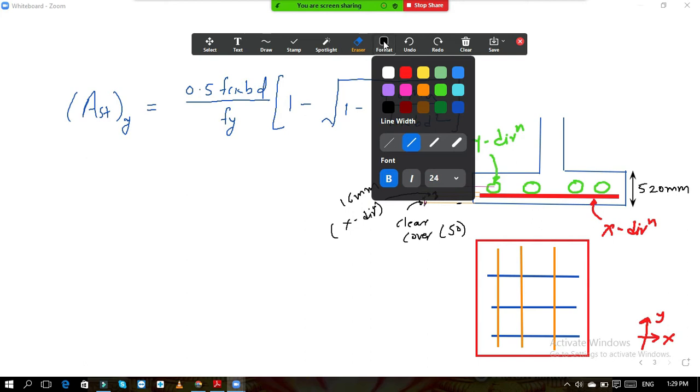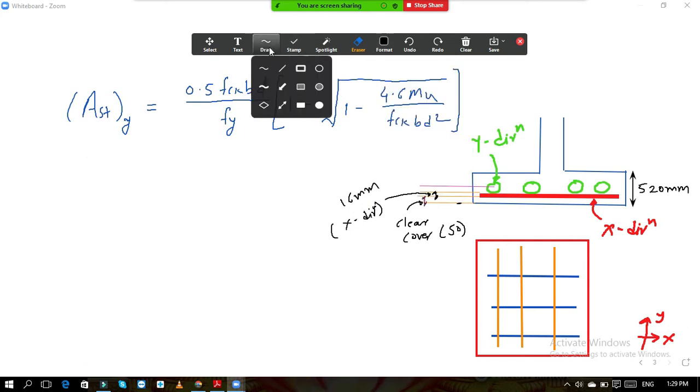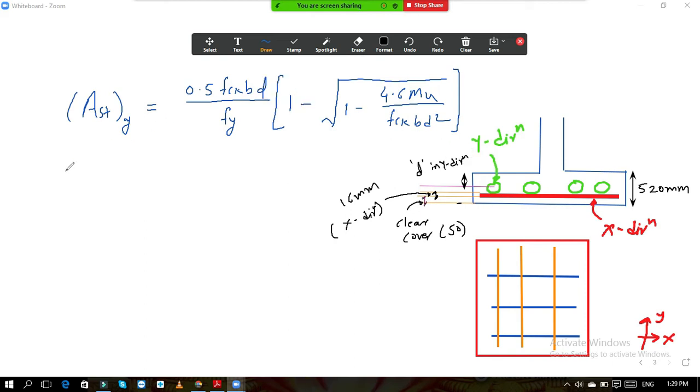I have shown the arrow wrongly. So here, this is your depth in y direction, d in y direction. So how do we calculate this now?